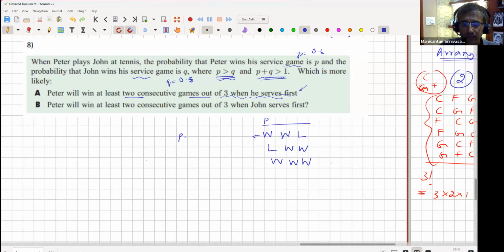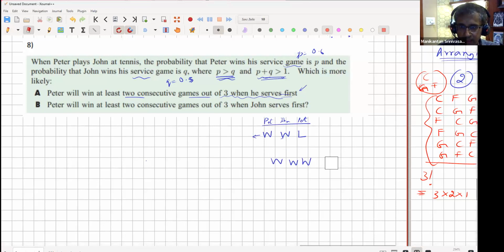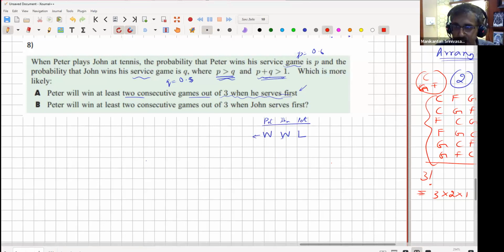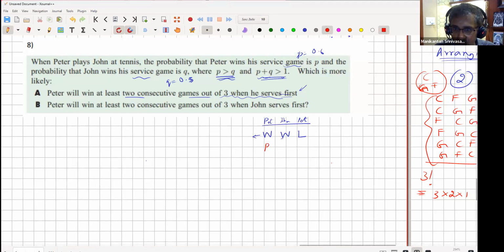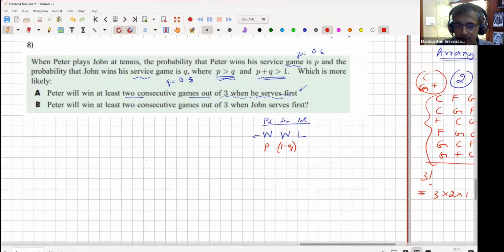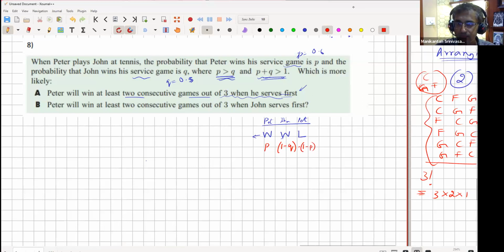I'll put the probabilities below. So Peter has to win, which is probability P. In the second game, Peter has to win, so it's 1 minus Q. Remember, John is serving, so the probability of him winning is Q, but you want Peter to win. And the loss for Peter on his own serve is 1 minus P. So that is the first case.